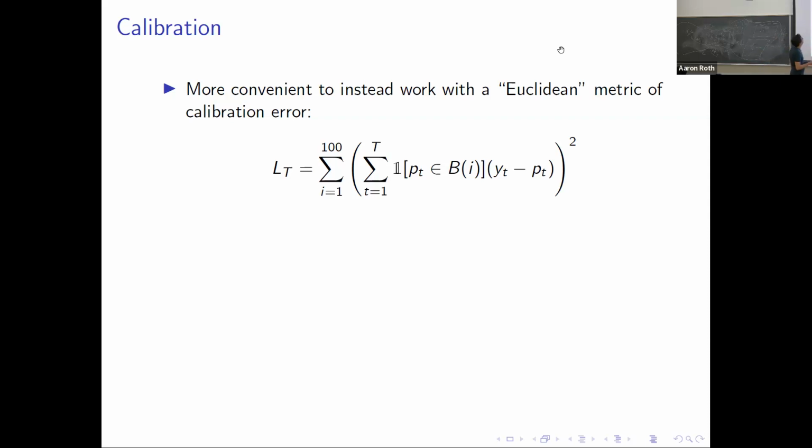Mathematically, it's going to be a little bit more convenient for us to work with a Euclidean version of the metric, which will relate to this one.